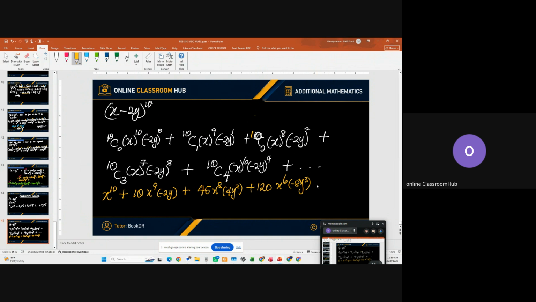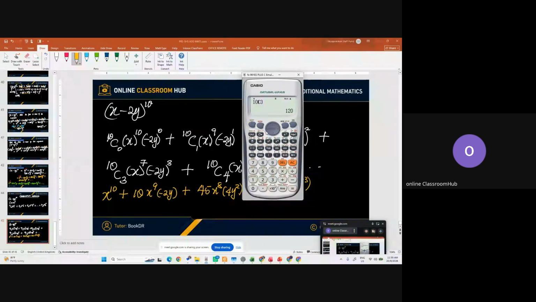Okay, so let's proceed. Where have we gotten to? So I was telling you that when you raise a number to an odd power and it's negative, it still becomes negative. When the power is even, it will become positive. Good. So let's go to the fifth term and find the combination there. That is combination 4.